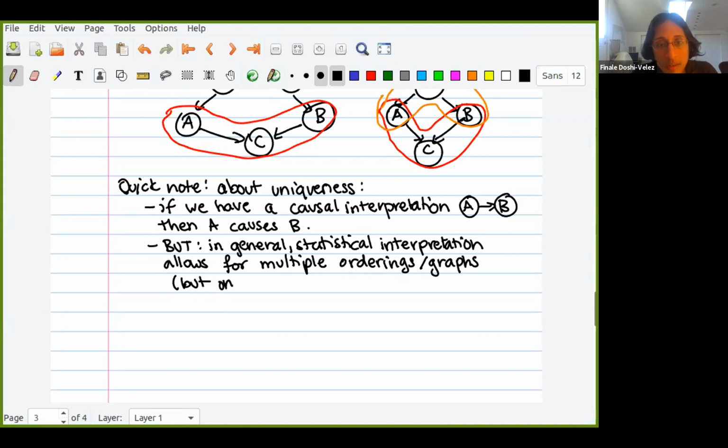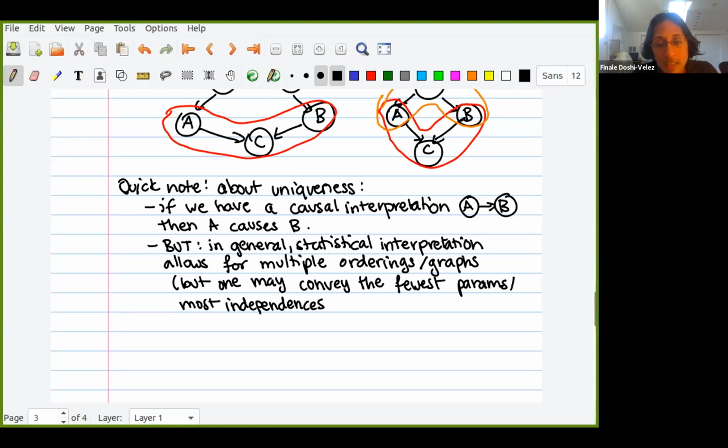But one may convey the fewest parameters, most independencies. So let me make that a little more specific.